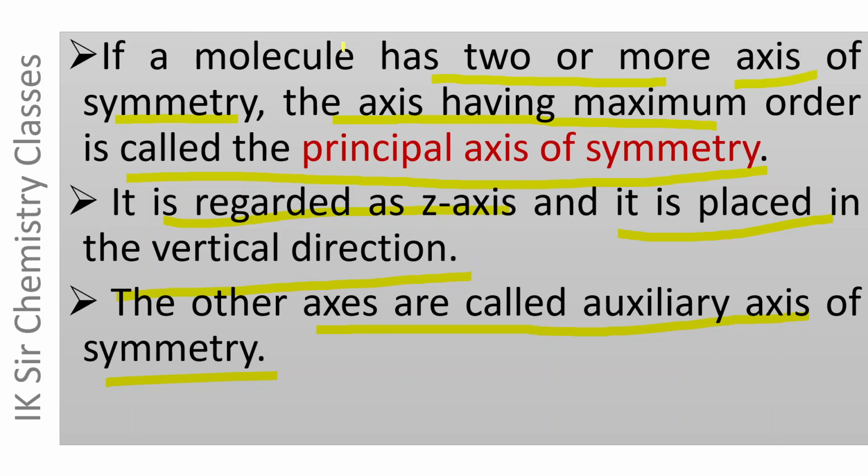It is very important. If a molecule has two or more axis of symmetry, then the axis of symmetry having the maximum order, that is the maximum value of n, is called principal axis of symmetry. It is placed in vertical direction and it is regarded as Z-axis, while the other axes of symmetry are called auxiliary axis of symmetry.